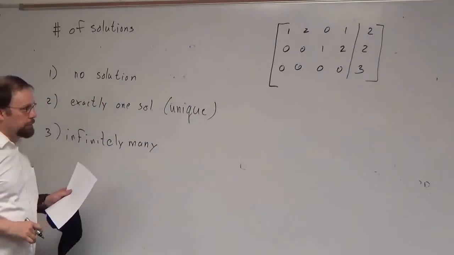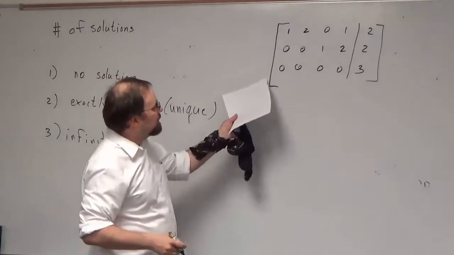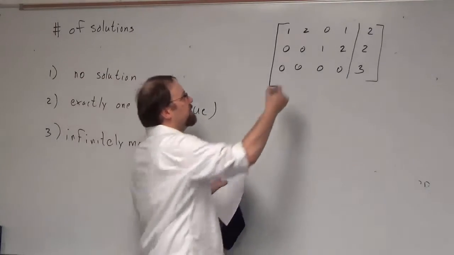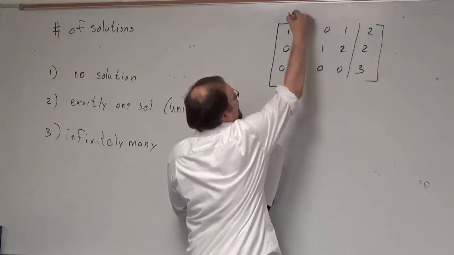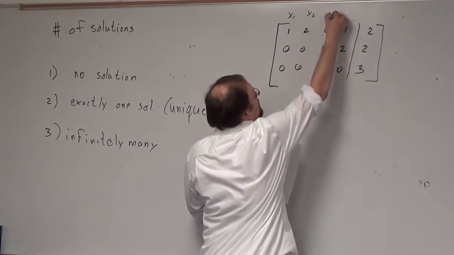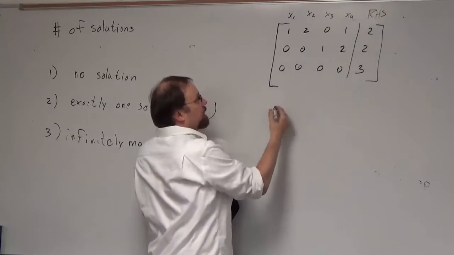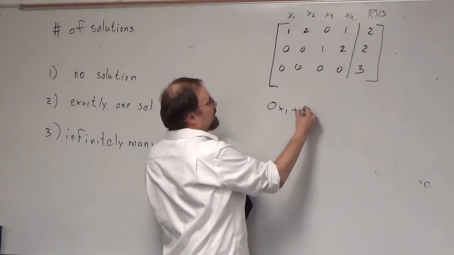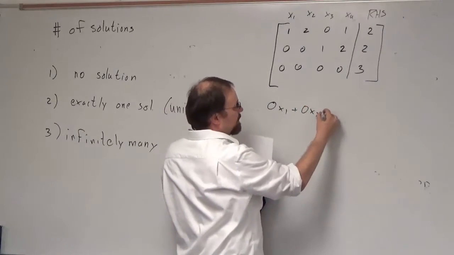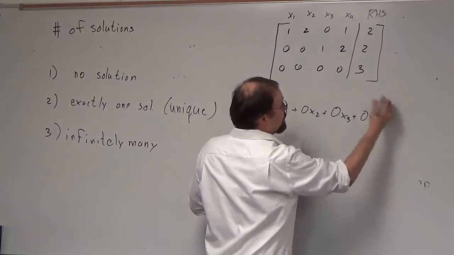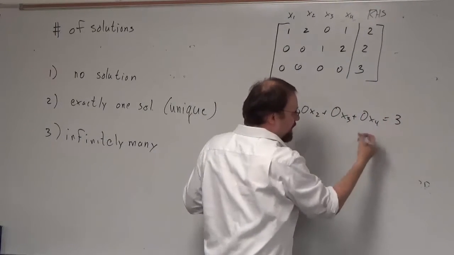How do we know there are no solutions here? Well, you interpret the last row as saying that if my unknowns are x1, x2, x3, x4, and this is the right-hand side, then the last row says 0 times x1 plus 0 times x2, and so on, equals 3.